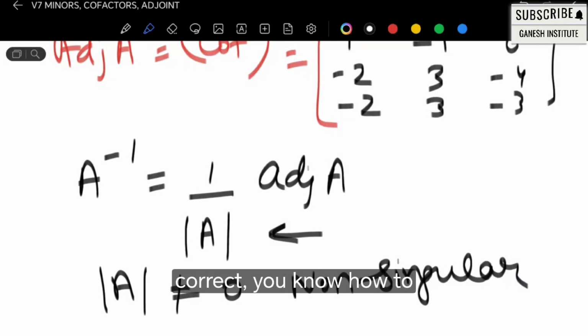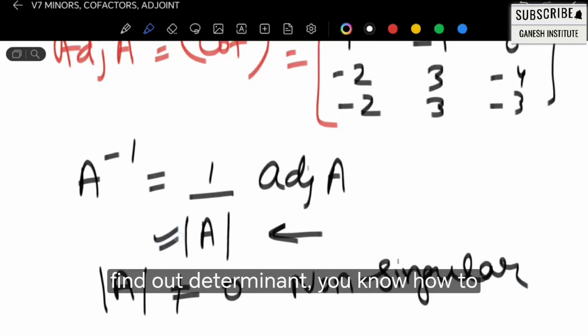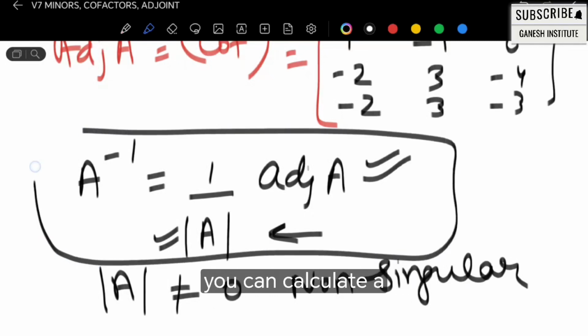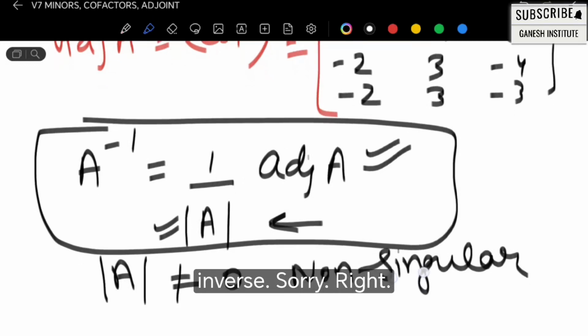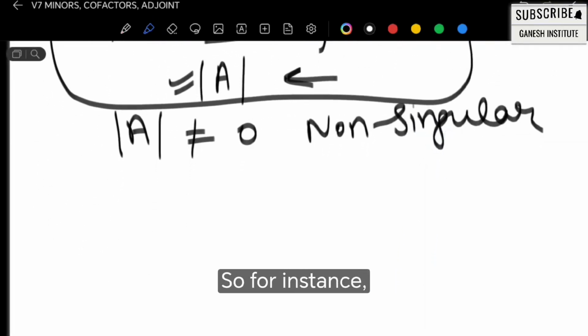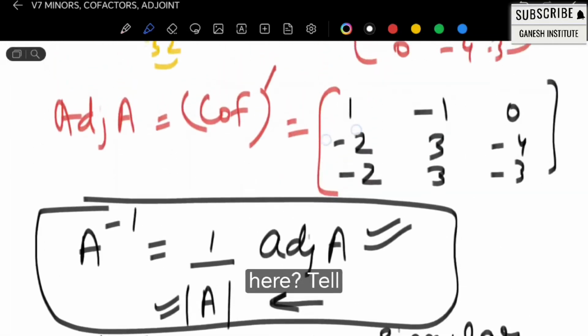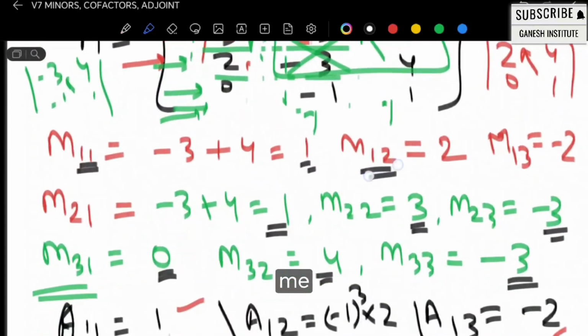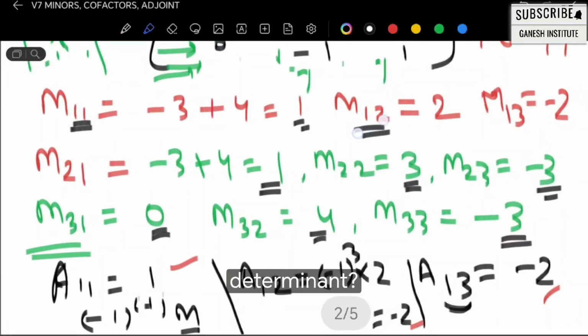Correct? You know how to find the determinant, you know how to find the adjoint, so this is how you can calculate A inverse. So for instance, what is the determinant of A here? Tell me.